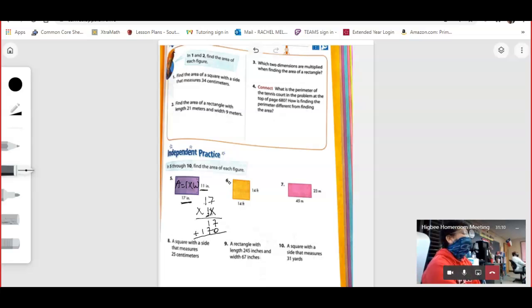So 7 plus 0? 7. 1 plus 7, and then 1. So I would say that the area of this rectangle is 187. What's my unit of measure? Inches. Now remember, because we're talking about length and width, that's 2 dimensions, so I need to have the 2, so that it would be read as 187 square inches.